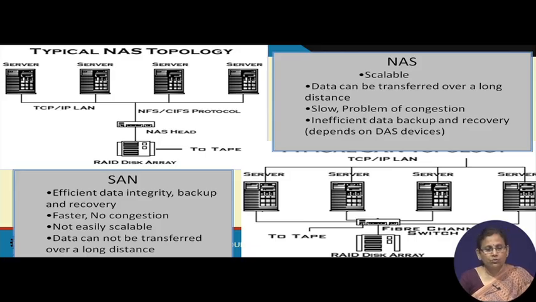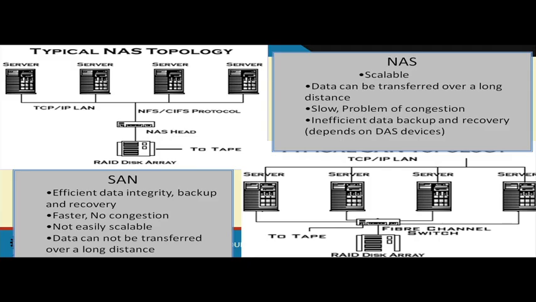This is where we show the major difference between NAS and SAN. Both are actually connected to the network. In case of NAS, it is scalable, the data can be transferred over long distances, it is slow and it has the problem of congestion because you are using the same LAN. Then it has inefficient data backup and recovery, because it also depends on DAS devices for this.